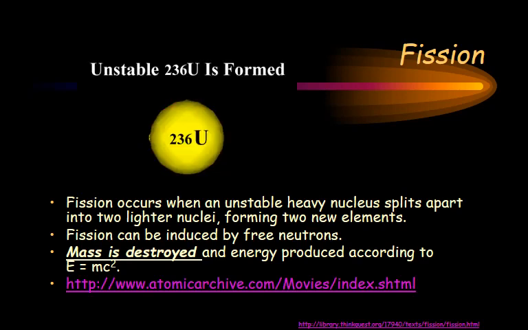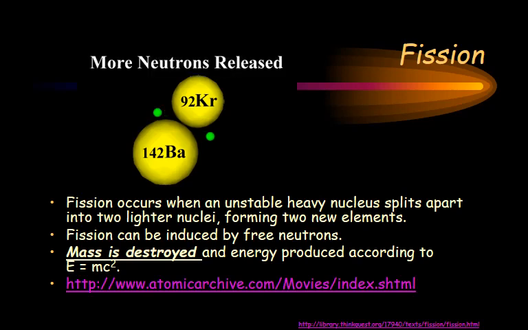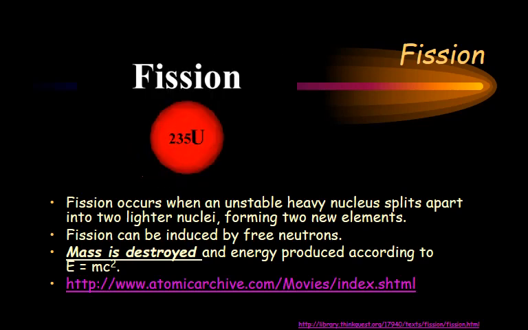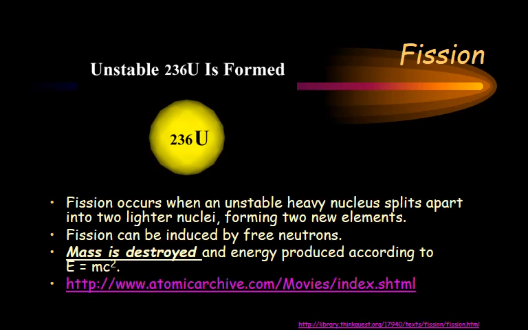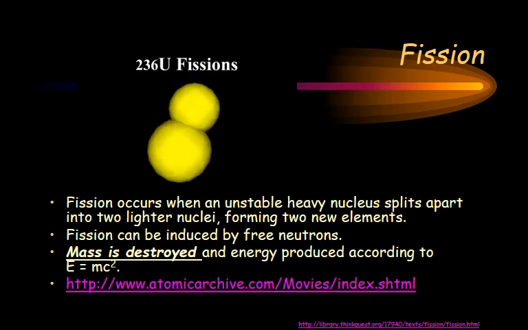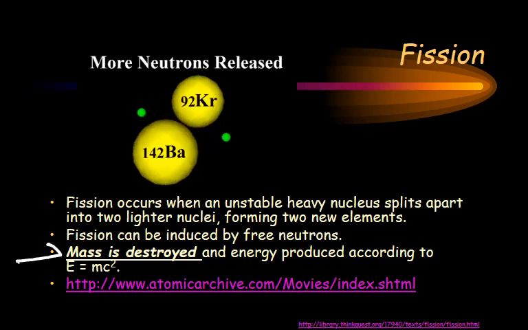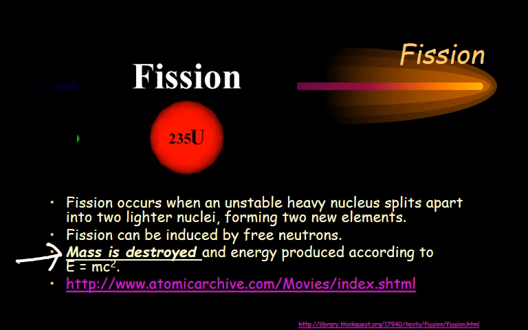Now, if you remember with the strong nuclear force, as soon as the nucleus just starts to get apart, they're going to separate out rapidly. And this one doesn't show that as much. The krypton and barium don't spread apart as rapidly. But those two nuclei are going to split apart and separate out, and in this case, more neutrons are going to be released. Mass is destroyed, producing energy according to E equals mc squared, and we see that.